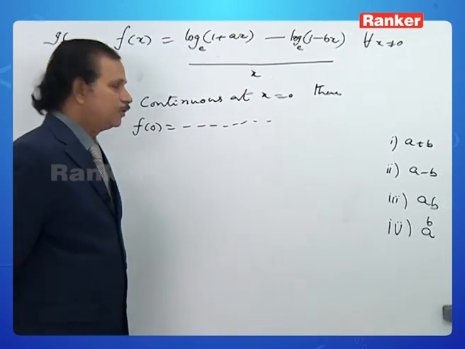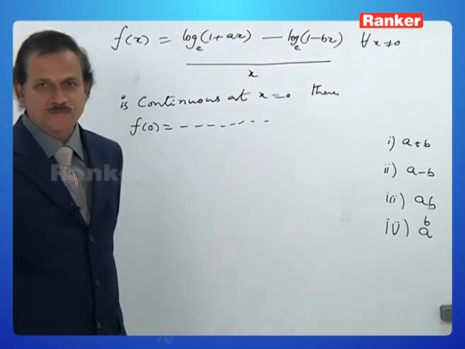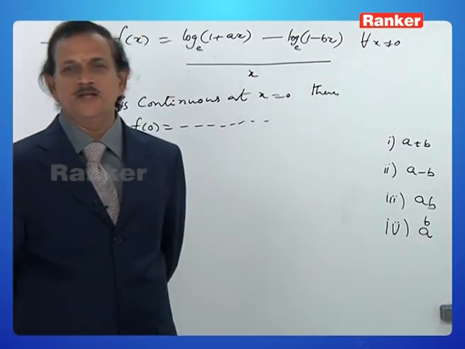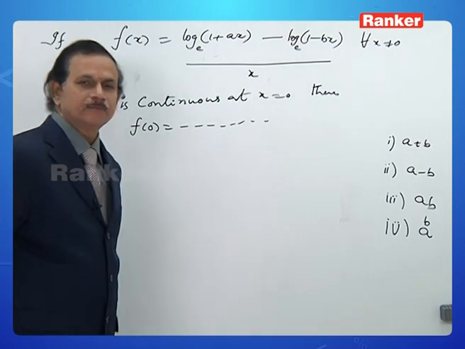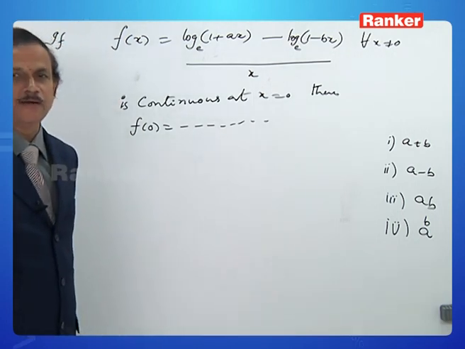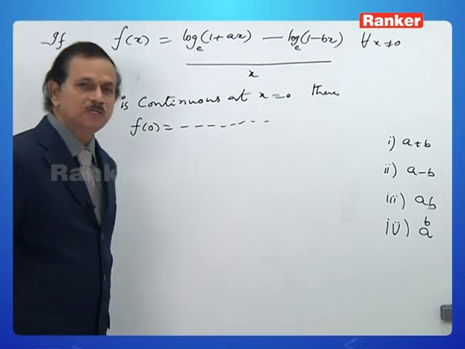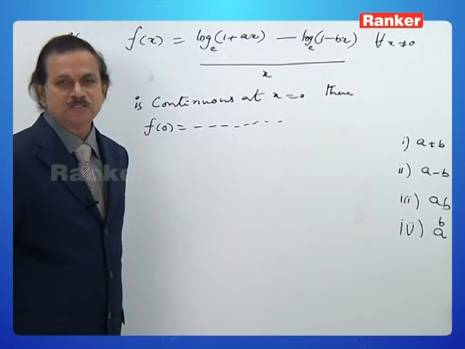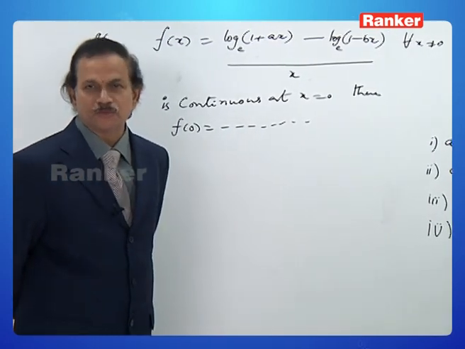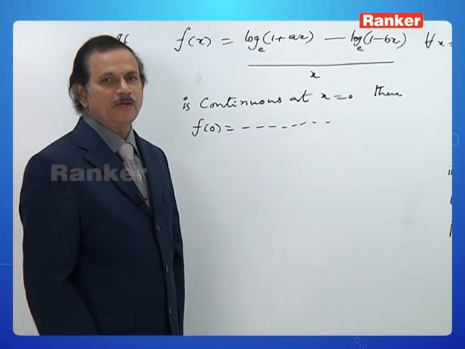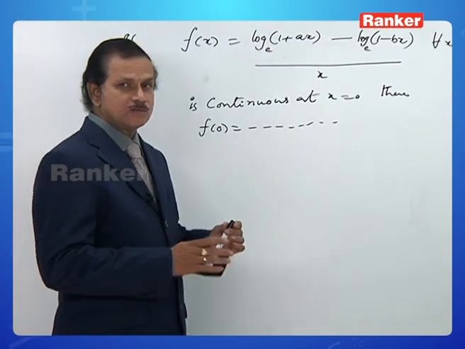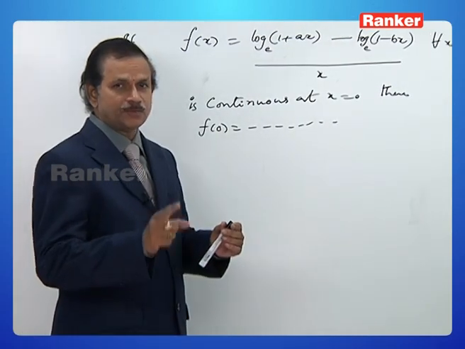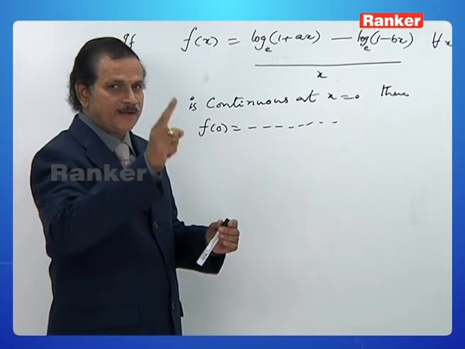Of course, to define f of 0, you may have to use the condition which has been given in the data. What is given in data? It has been given that f is continuous at x equal to 0. Let us make use of it. What is the question actually? You are to find f of 0.